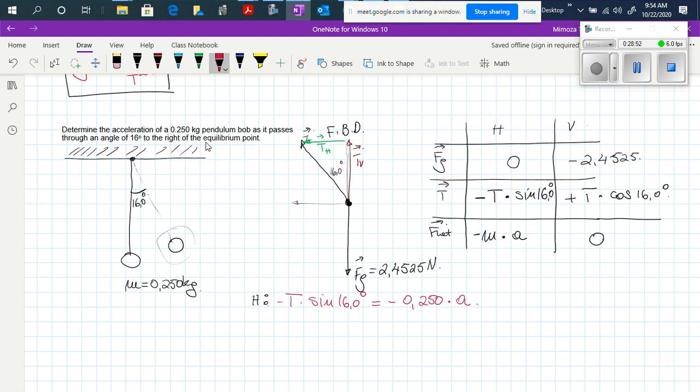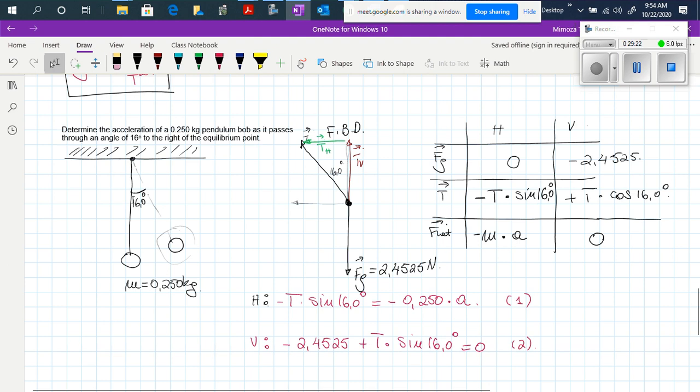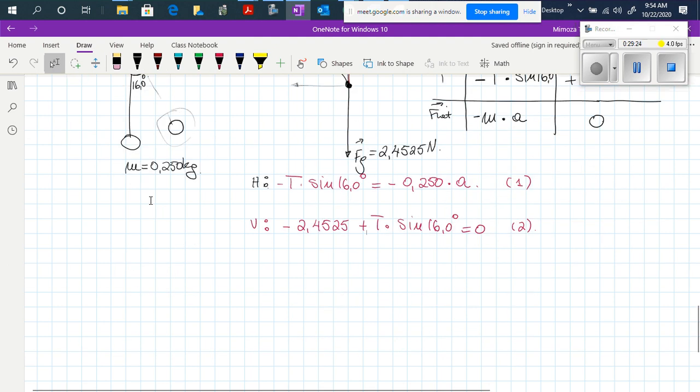And from the vertical we have negative 2.4525 plus T times cosine 16 is equal to 0. So then we have two equations with two variables, tension and acceleration. We start solving with the equation that has one variable, and this is equation 2.